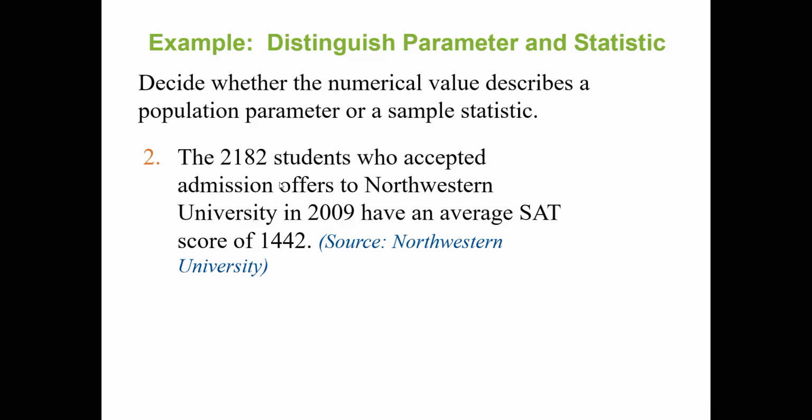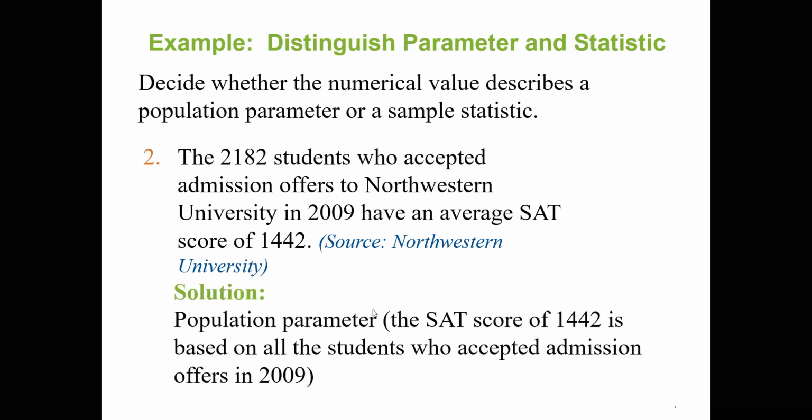You are given the average SAT score. So here you are dealing with the average of data coming from a population. So you are dealing with a parameter. So we say population parameter.